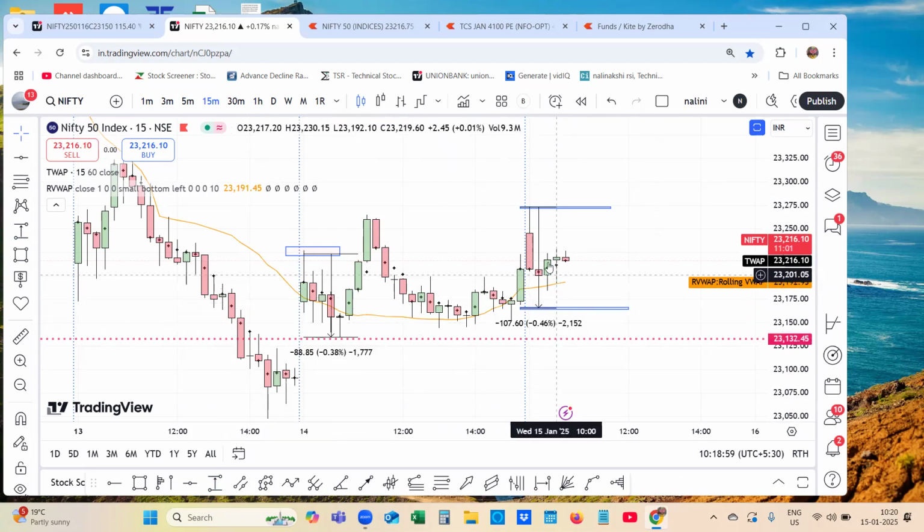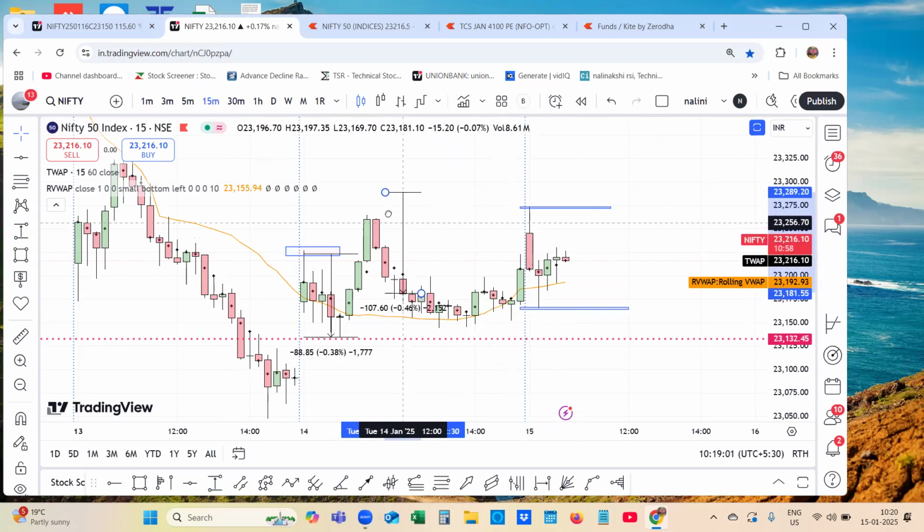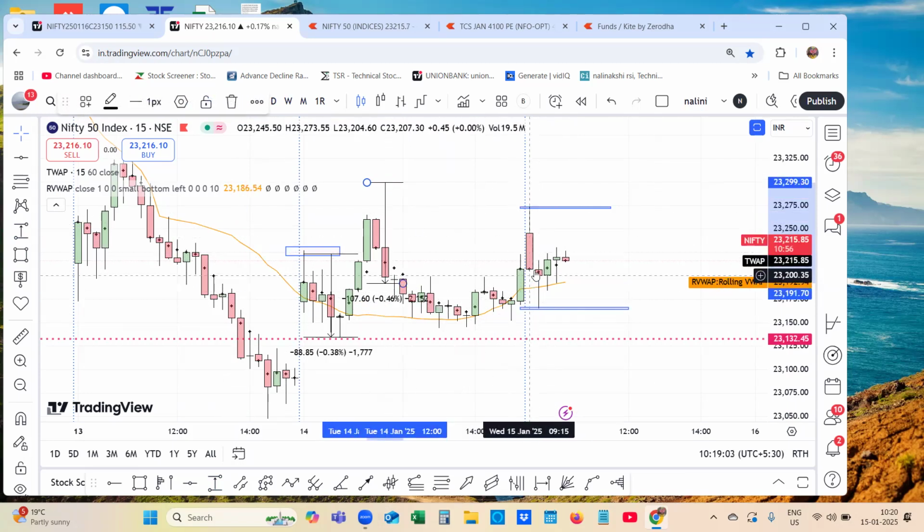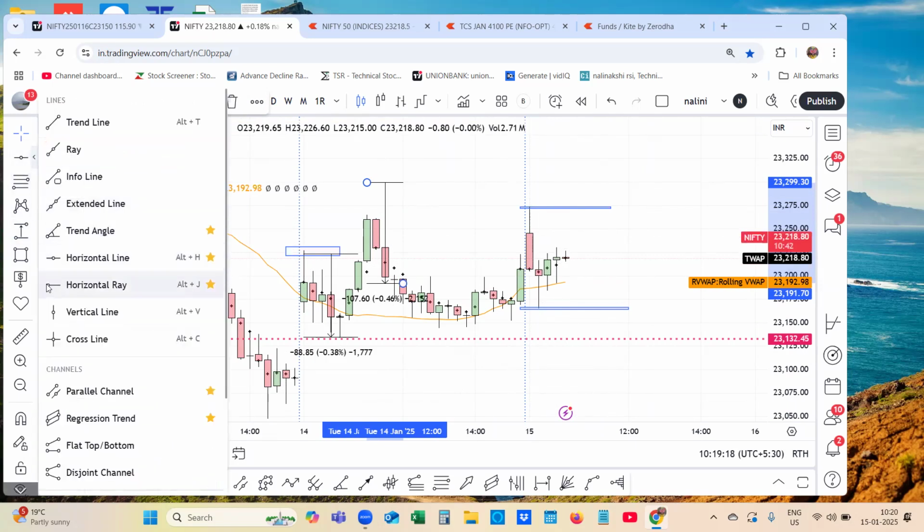But what is happening now is the second candle and third candle are making a high. Third candle, this is around 10 p.m., and now the 10:15 candle is making a lower high.